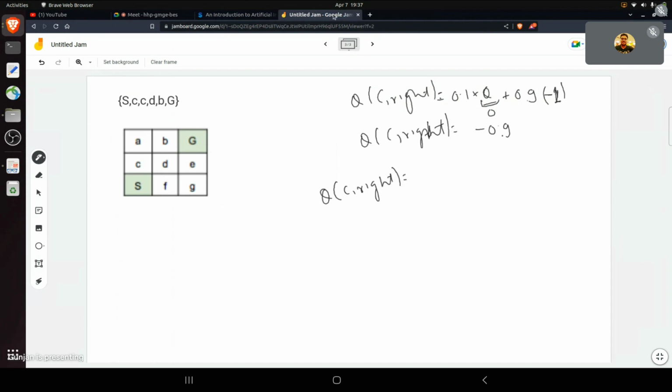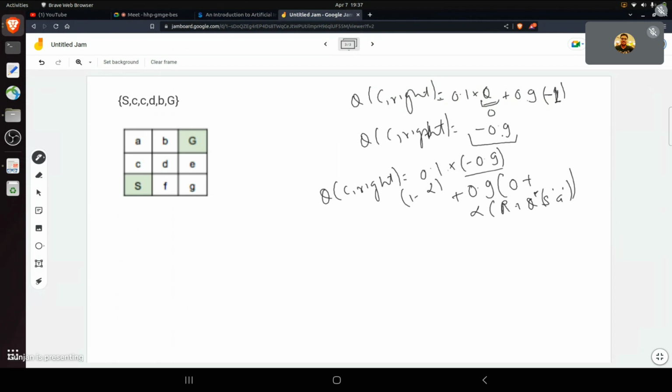Now the second time you do Q(C, right), alpha is 0.9, so 1 minus alpha is 0.1, but this time Q(C, right) is negative 0.9. Isn't the reward multiplied by alpha in the whole thing? No, it is 1 minus alpha times Q(S, A) plus alpha times the reward plus Q star(S', A').